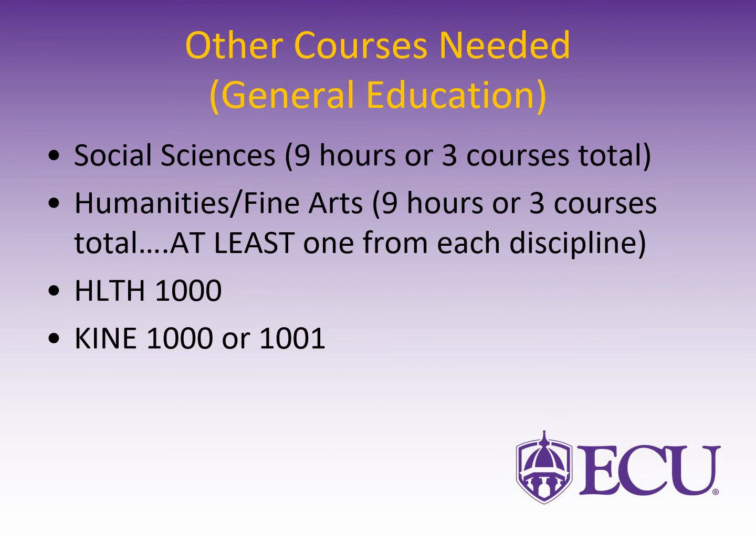You will need 9 hours or 3 courses total of humanities and fine arts combined, with at least 1 class from each discipline. So, for humanities and fine arts, you can take 1 humanity, 1 fine art, and then decide if you want to take an additional humanities class or an additional fine arts class.